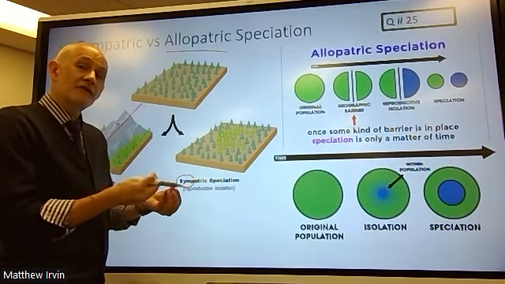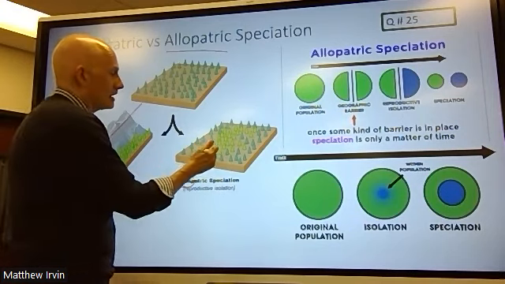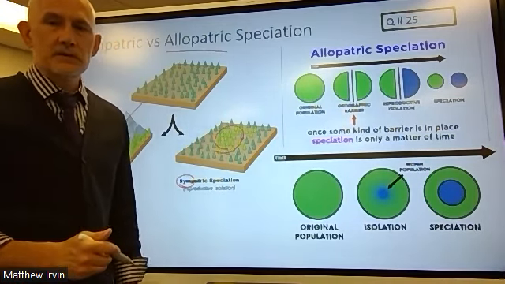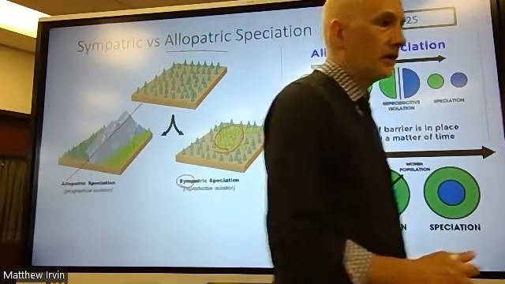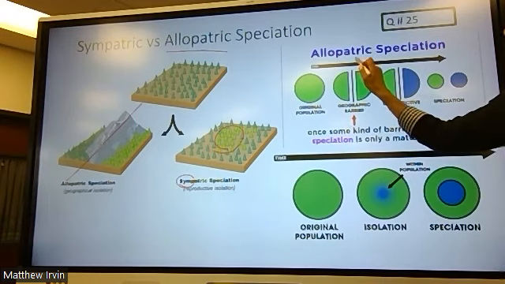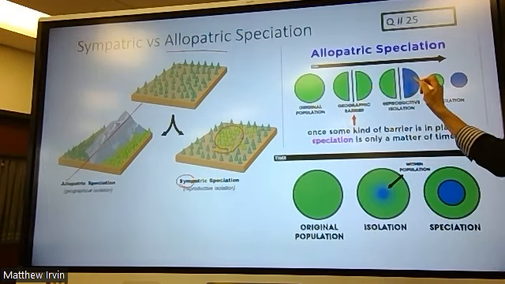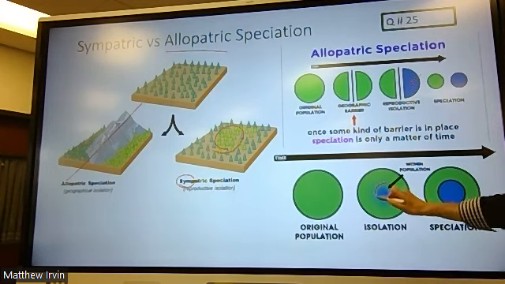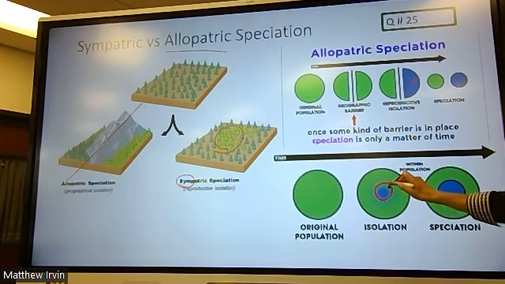So sympatric, same place. That's within the population, usually due to some type of mutation that isolates it for breeding. So allopatric, something is separating the species, so we get a new one. And then sympatric, you have reproductive isolation happening within the main population.